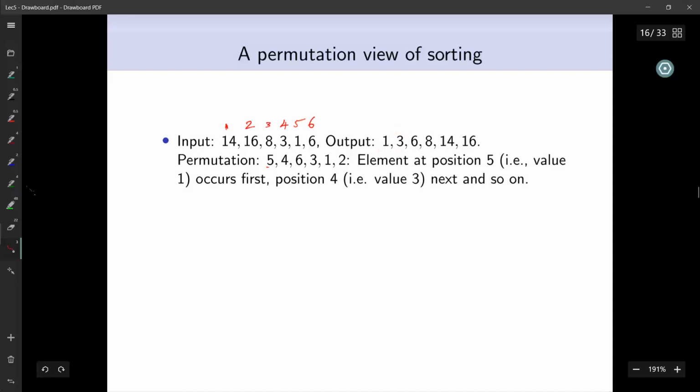The third element in the sorted array must be the sixth element in the actual array, which happens to be 6, which need not be 6. In this case, the value happens to be 6. And the fourth element should be the third element in the actual array, which happens to be 8. The fifth element should be the first element in the actual array, which happens to be 14. So I hope it is clear.